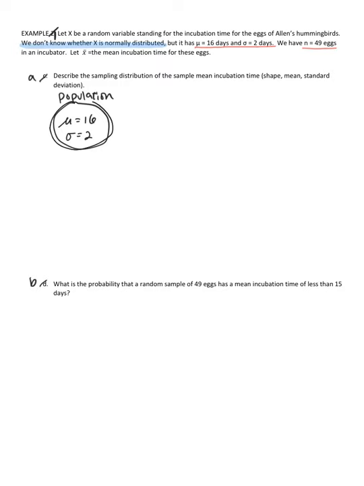Then we're going to take a sample of 49 eggs, and X bar represents the mean incubation time for these 49 eggs. So we take these 49 eggs and calculate the average incubation time.